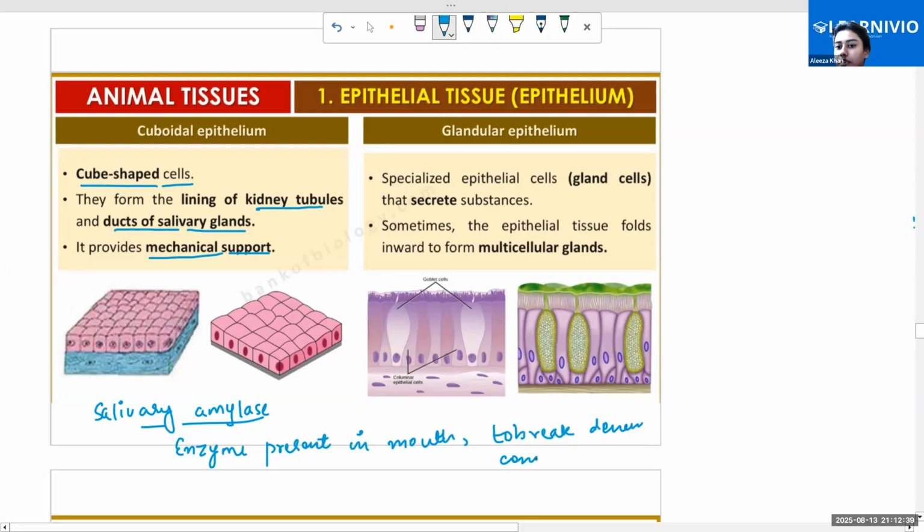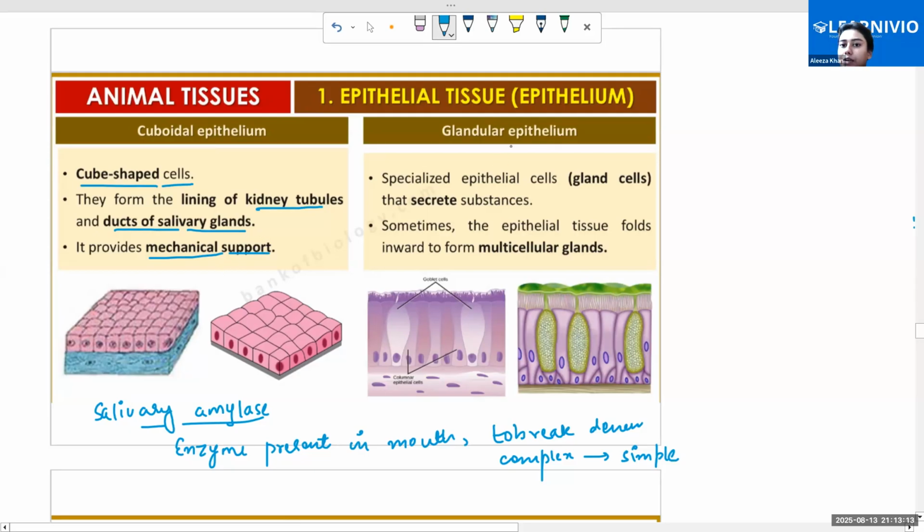Break down complex forms to simple. So whenever you are chewing, your saliva is being produced. Your food will get mixed with the saliva for the easy passage. Also during the chewing, your complex food is getting converted to simple ones. So you must be having this in your salivary glands and for mechanical support.